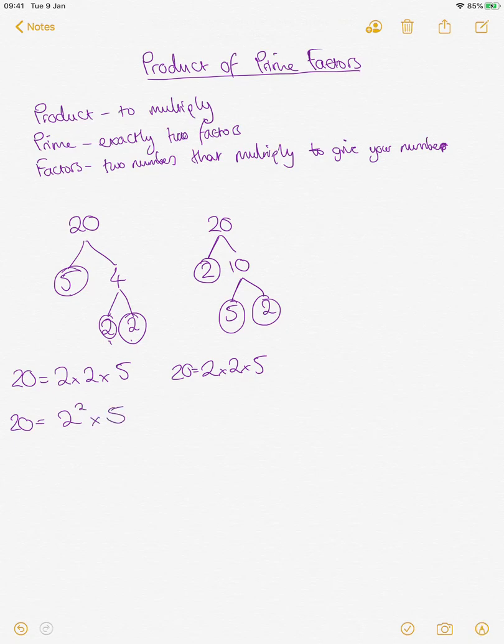Remember, if something times itself, we can just write it as 2 squared. This is something called index form. Index coming from that word indices, which is basically a fancy way of saying powers. So if a question asks for you to put it in index form, then it's expecting you to use powers.